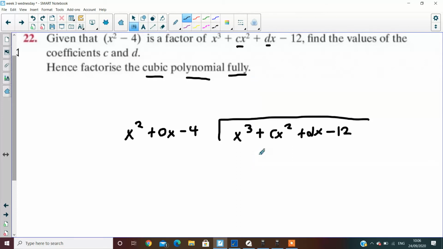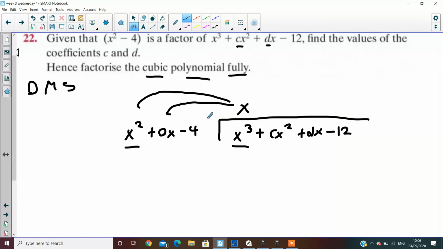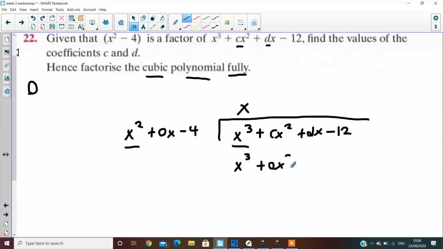All right, how many times does x squared go into x cubed? X. You divide it. What's next? Multiply x by the 3 of them, and what do you get? X cubed, yeah, plus... okay, you multiplied.